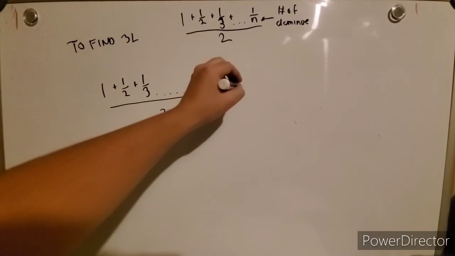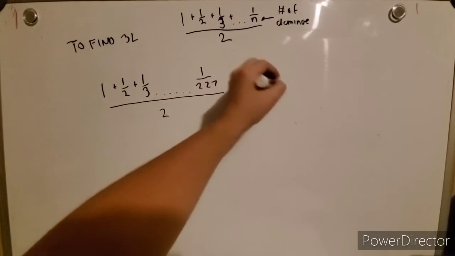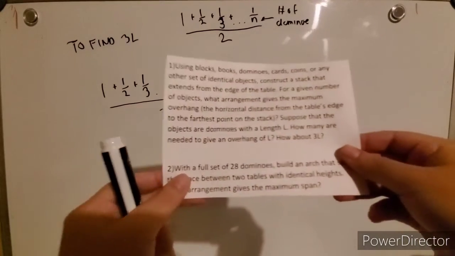And this will give you a value above 3.00 or 3L overhang, and so forth. So if you wanted to find the overhang for 3L, of which the value would be 3.00 or above, we would need approximately 227 dominoes. And so this answers the first part of the equation.